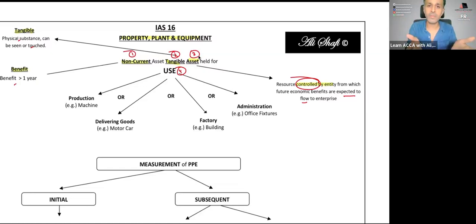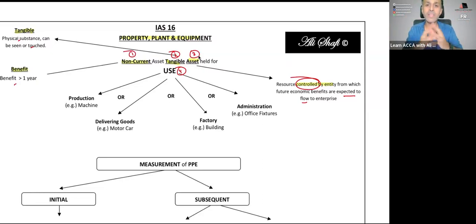It's solely in the control of me and my business. By having physical possession of it, I have full control over it. It had been providing the benefits to me for all those past years, it is providing me all those benefits, and it will keep on.